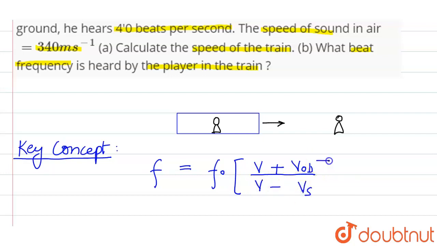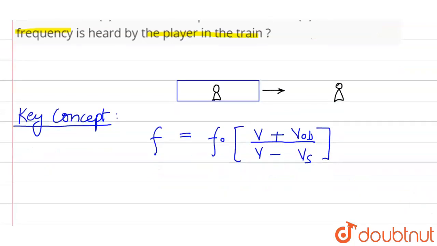The velocity of the observer and of the source are positive when the observer approaches the source or when the source approaches the observer. In other cases, they are negative.